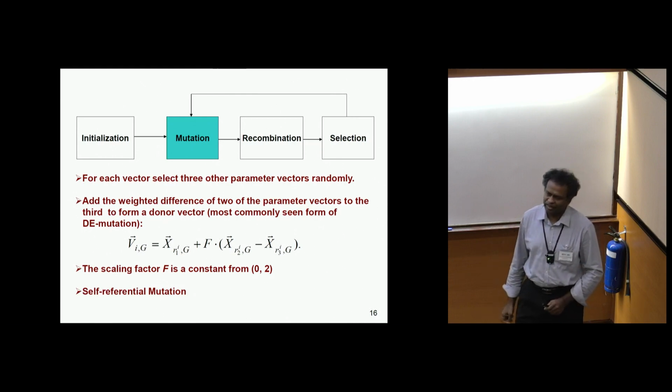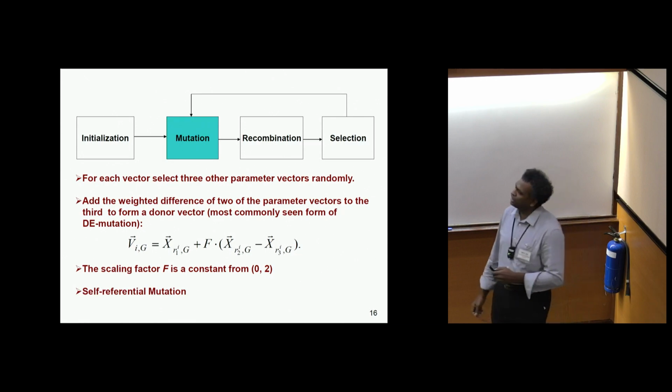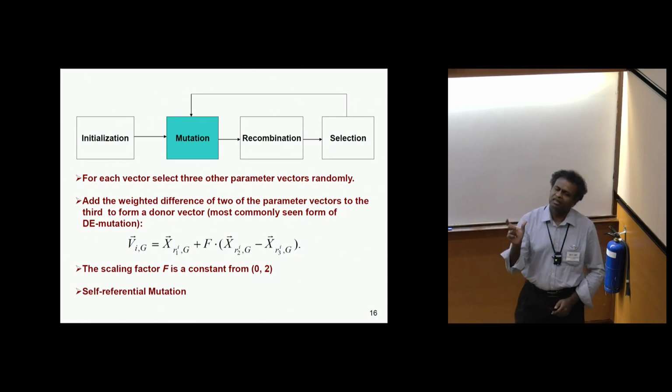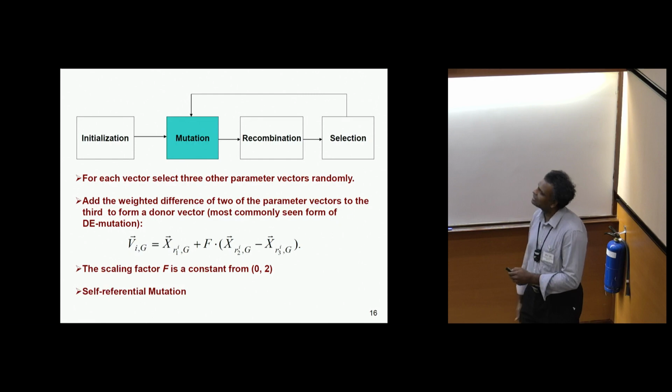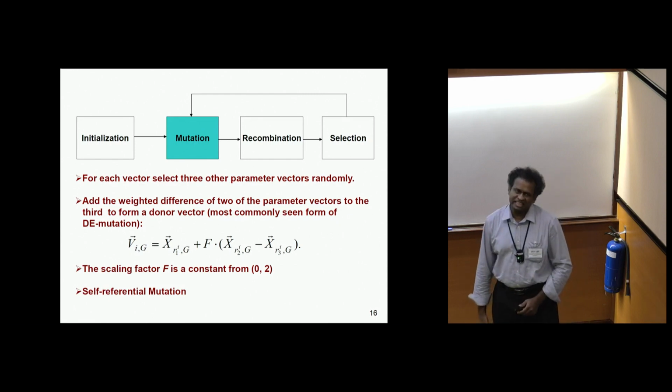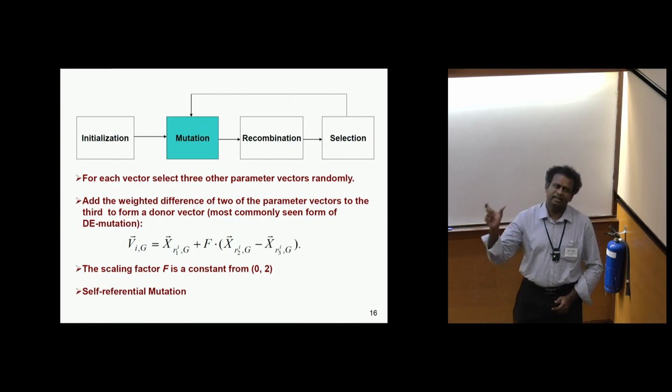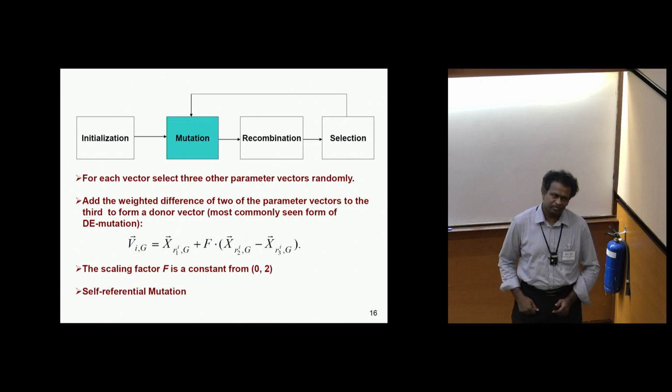In differential evolution, you don't have to tune the step size parameter. Instead, this difference vector will do that job. In addition to this difference vector, you can have a scale factor, which is a lot easier to tune than the standard deviation in the Gaussian.